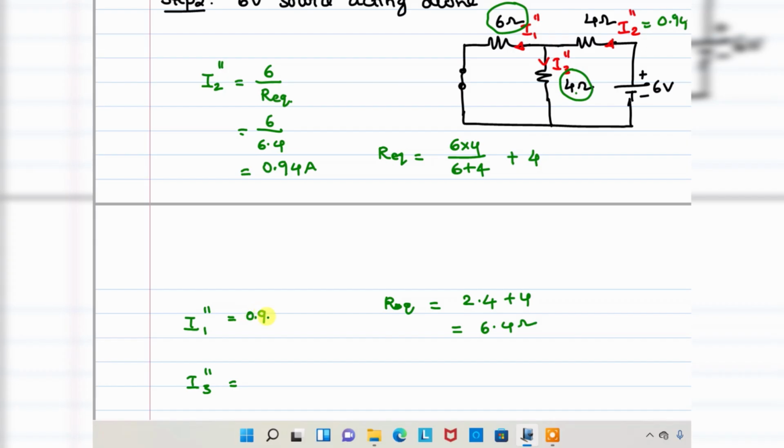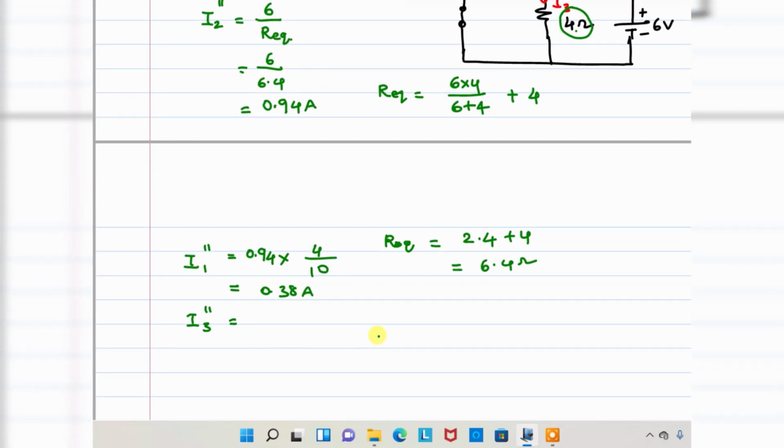That is total current into opposite resistance, 4 divided by 6 plus 4, 10. That may be equivalent to 0.38 amperes. Next, you want to find the current in the 4 ohm resistance: 0.94 into 6 divided by 10. That may be equivalent to 0.56.